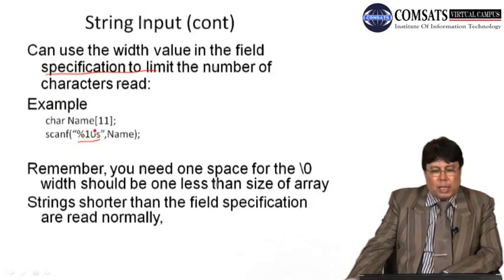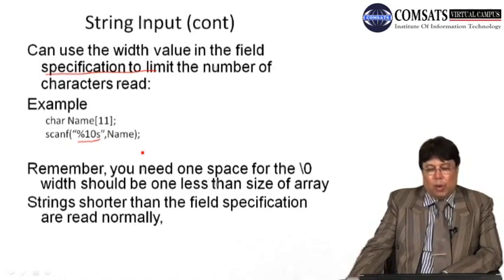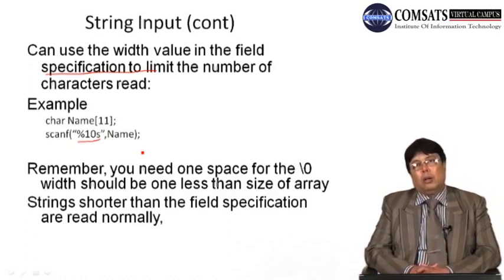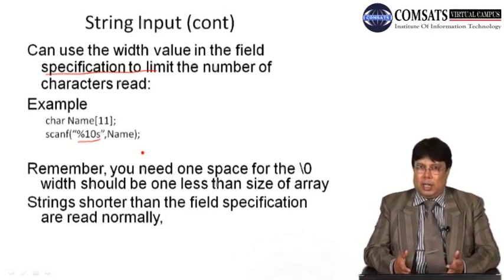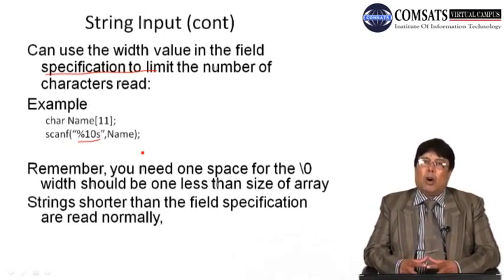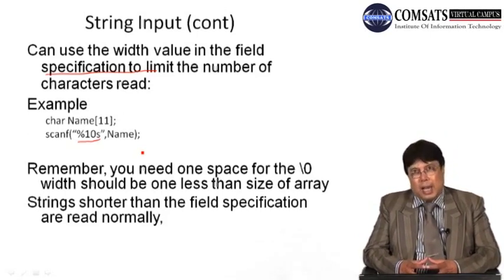If you put this 10 between % and s, it means you are telling the system that it should read the name of not more than 10 characters. Even if it doesn't find a space, it is just going to read only 10 characters. That is another way of controlling your input while you are reading it with the help of the scanf function.